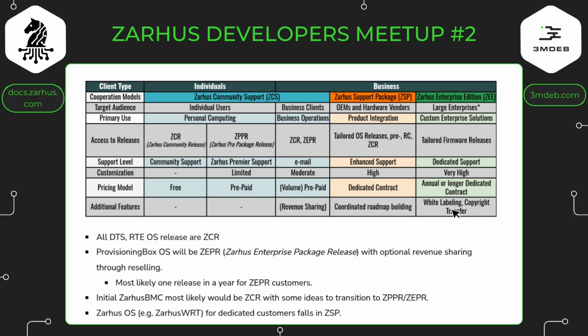And this is the top-priced option, selling Zarhus Team time. We don't like selling Zarhus Team time. That's why this is very expensive, and all the other options are much cheaper. We essentially encourage taking those cheaper options rather than the one expensive one. But if someone really wants, they can.